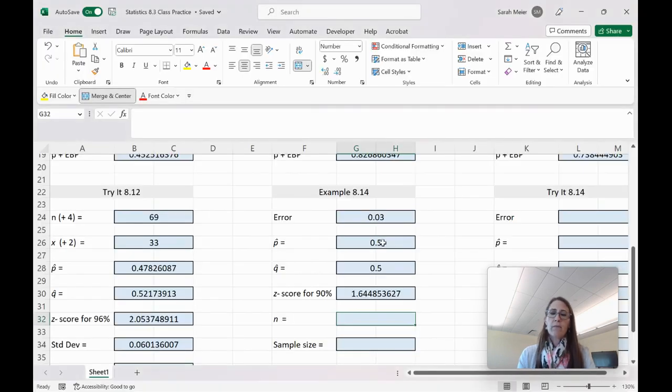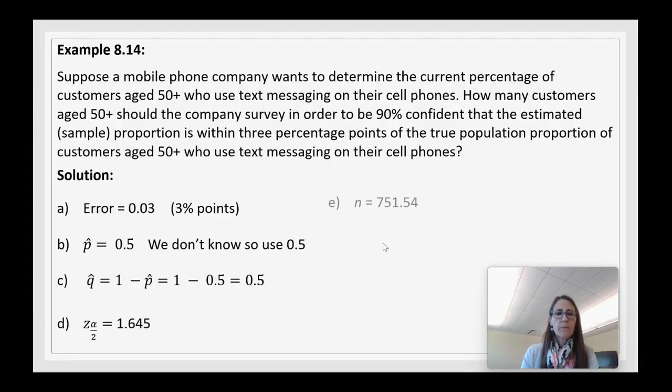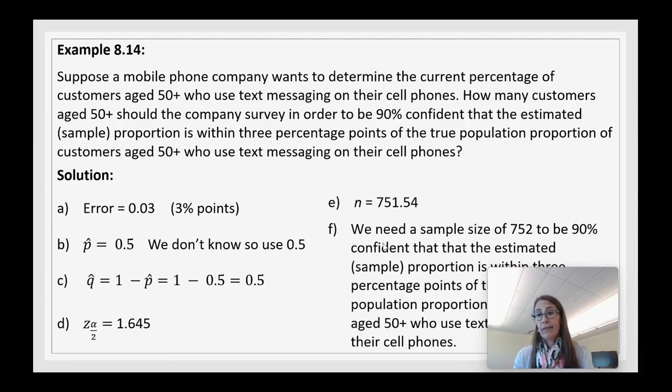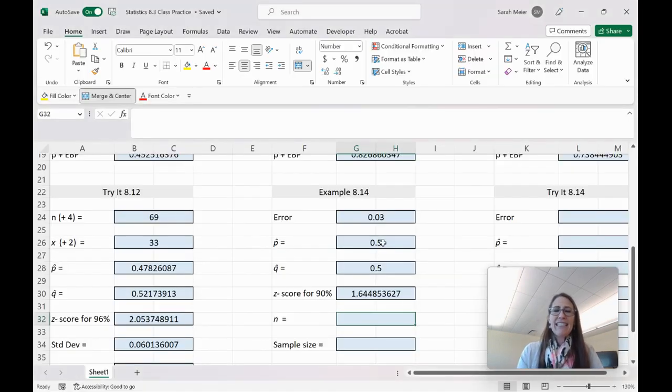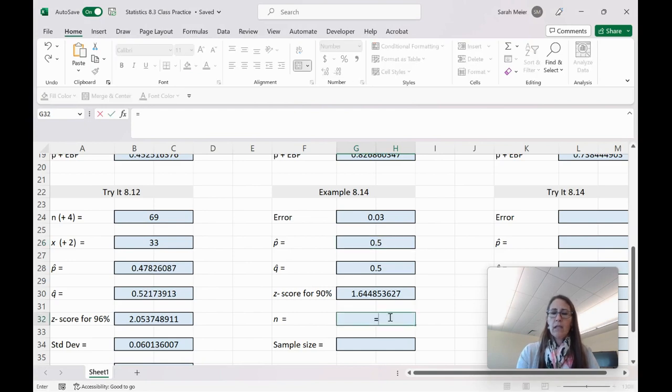So this is equal to, I didn't do an equal sign, equals P hat times Q hat. And now I'm going to put it in parentheses. Actually, I need the multiplication. Times the z-score divided by the error. And that's what I'm going to square.